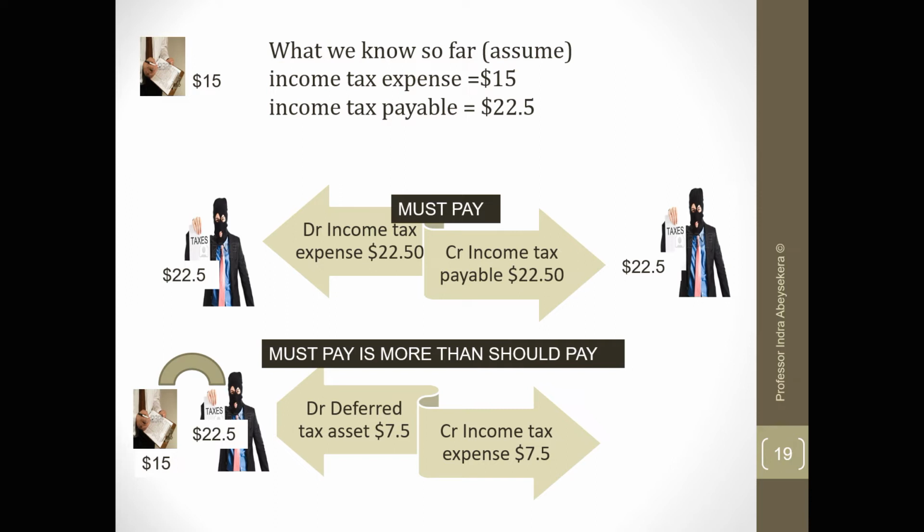After doing that, we make an adjustment to come up with what should be paid. In the example we looked at, in the fourth year, we credit income tax expense and debit the deferred tax asset.